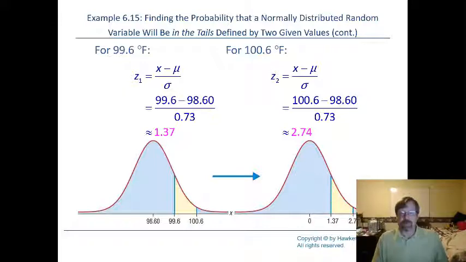This one we can either look up the negative 2.74 in the table, or we can do it by subtracting the value from the table for 2.74 from 1. Either one works. We then add those two probabilities up, and that's our answer.